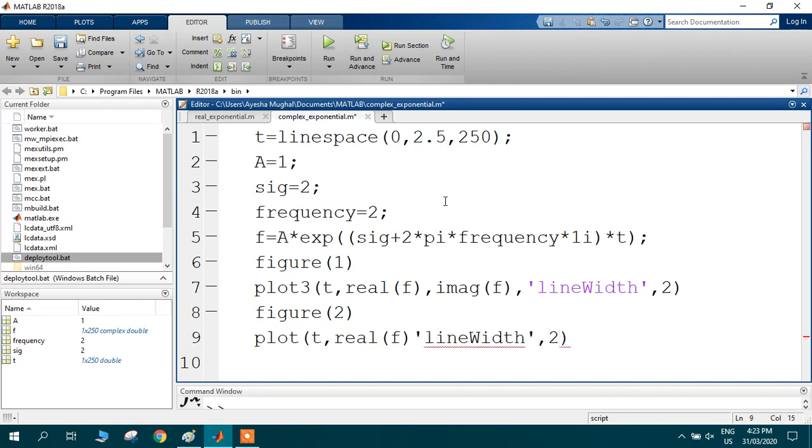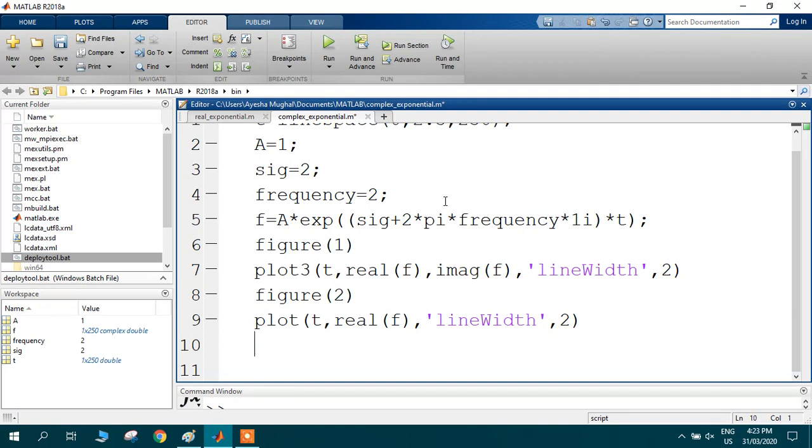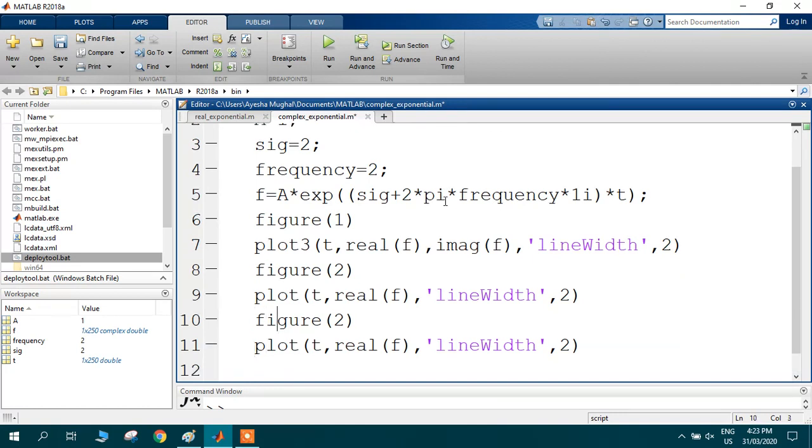You are free to set whatever line width you want for your plot. And same for the imaginary part, except that here I will pass number 3, and this is figure 3 and the imaginary function.